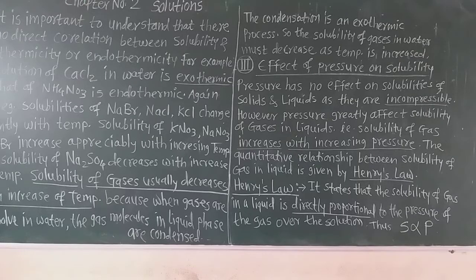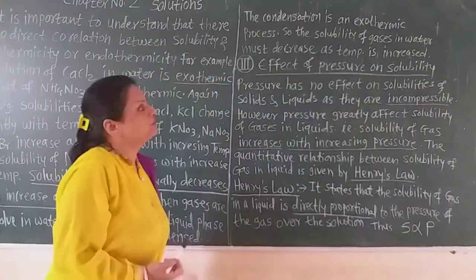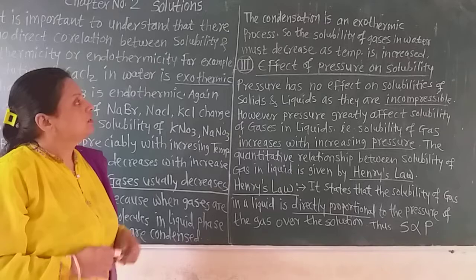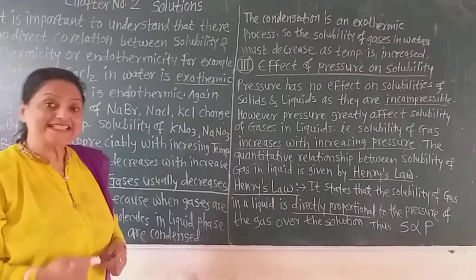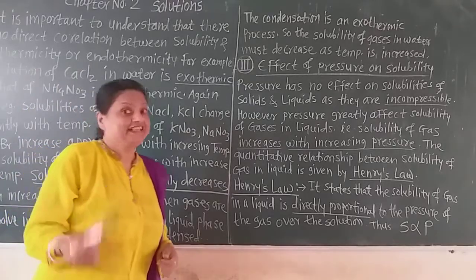That means on evolution of heat there is condensation, and when the gas molecules dissolve into the water, what happens? They get condensed, and the condensation process is exothermic. So the solubility of gases in water must decrease on increasing temperature.